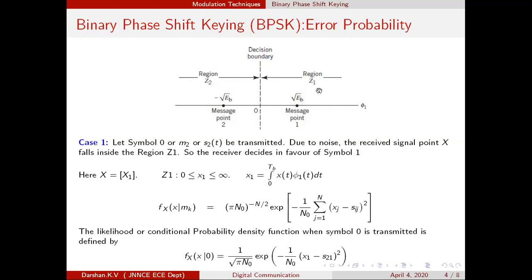So what will the receiver do? The receiver will blindly say, the receiver is not intelligent, that it falls in the region Z1. Therefore, message 1 or symbol 1 has been transmitted. So there is an error. This is how an erroneous decision may happen.